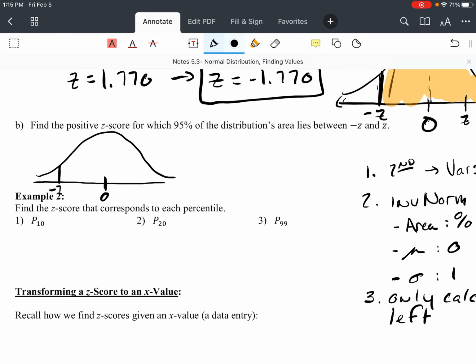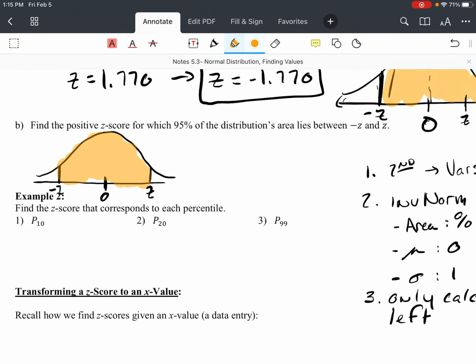We're looking for the positive z-score with 95% of the area in between. So we have a negative z-score here and a positive z-score here. Remember that these are symmetric, so these should be the same, just opposite signs. And we're given the area in between these two.